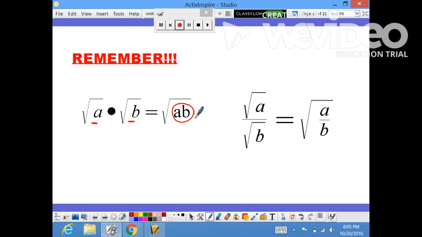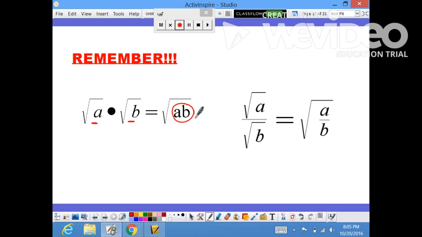You'll have fewer problems later on. That's just one way of thinking of it. It's not always the best way, but it solves a lot of problems and simplifies them much quicker as opposed to trying to figure out the square root of the first number and multiplying it times the square root of the second number. You'll see that in an example coming up. So make sure you write that down.